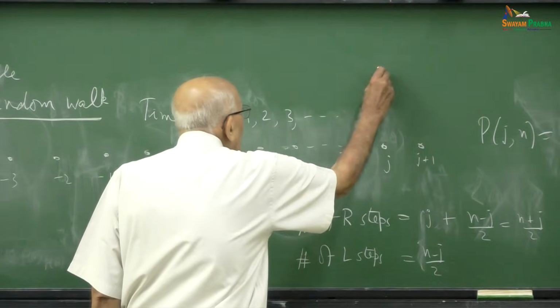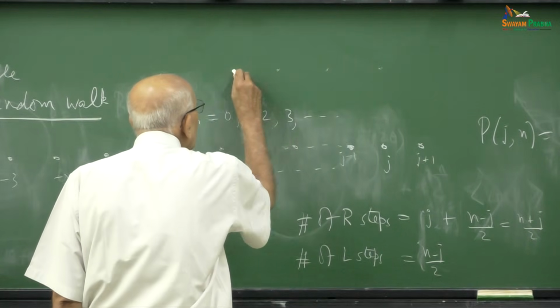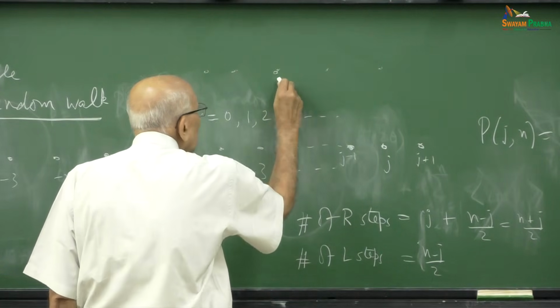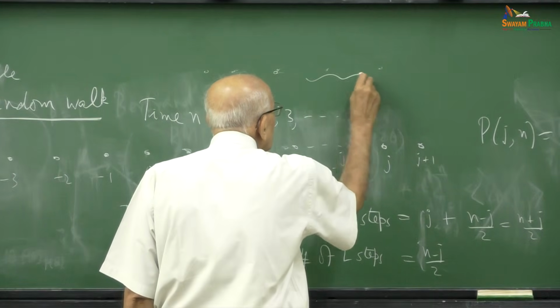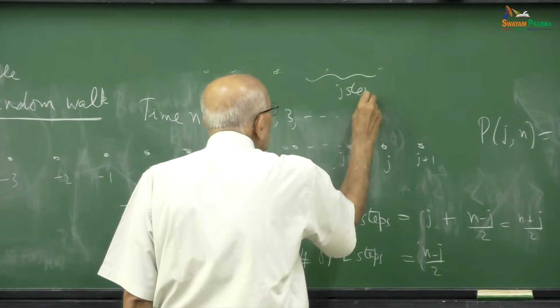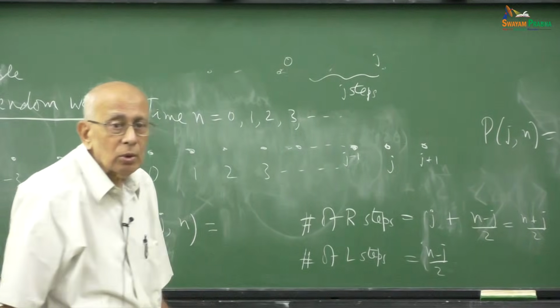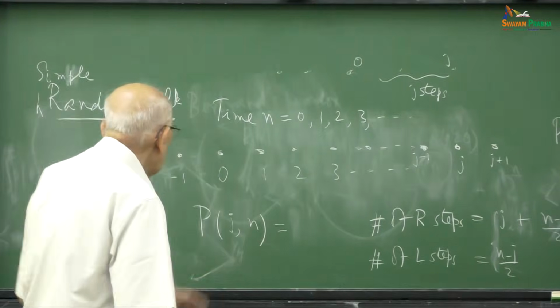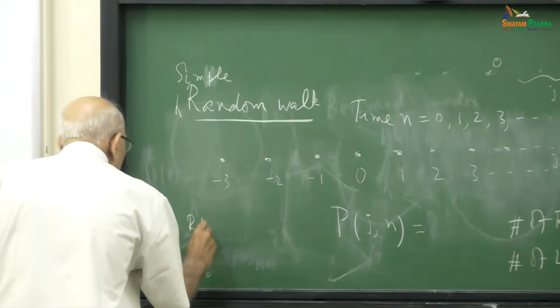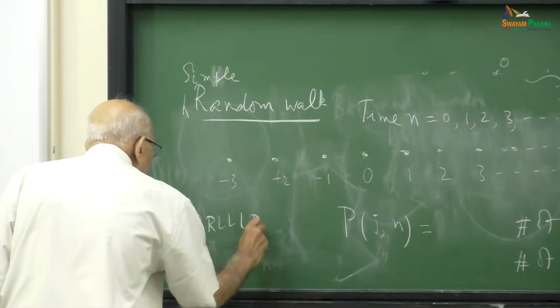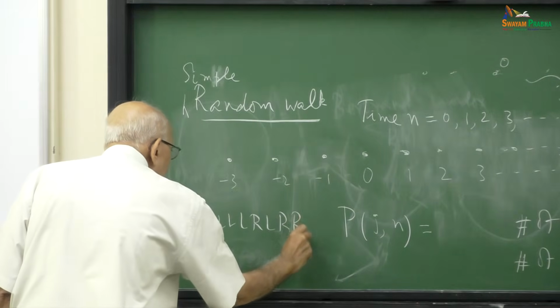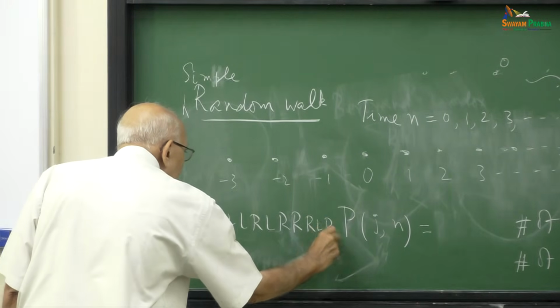I have to reach that point from this point. So this is j steps. This is 0, this is j. I take those j steps. So what I'm doing in my walk is this: R, R, L, L, L, R, L, R, R, L, R. And I'm done.